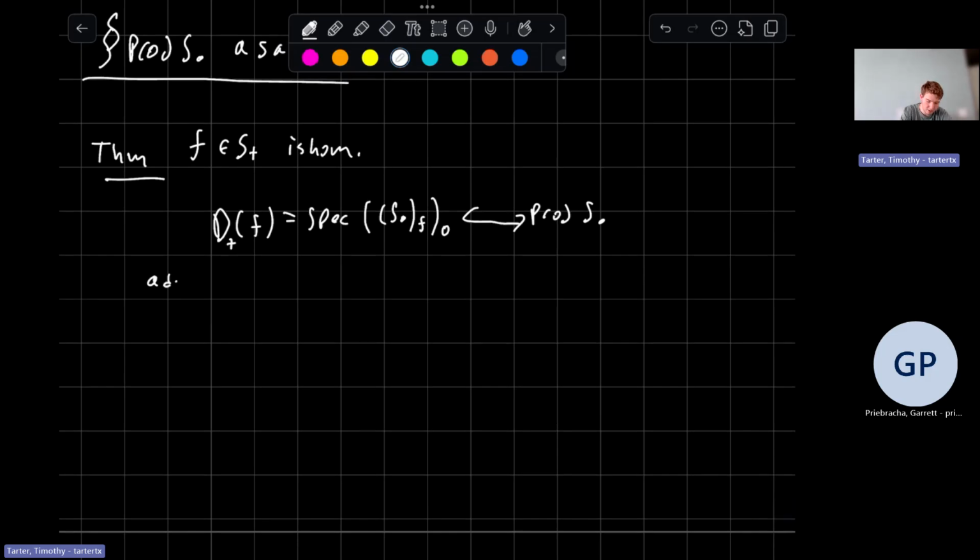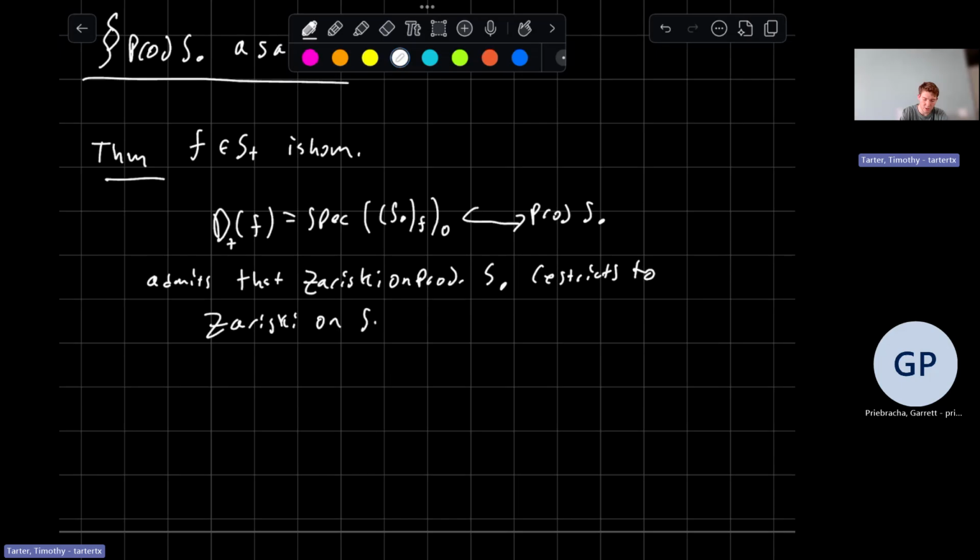It admits the property that the Zariski topology on Proj S restricts to the Zariski topology on Spec of the localization at F, zero graded.